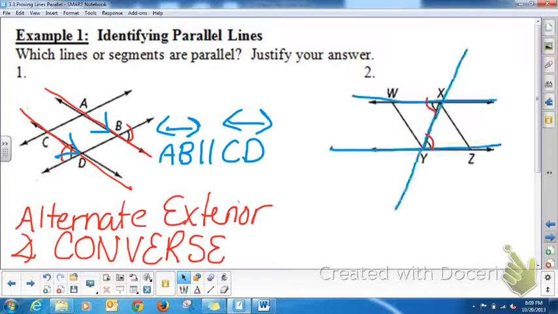Pause the video. Looking at this picture, we can identify these two congruent angles, angle WXY and angle ZYX.